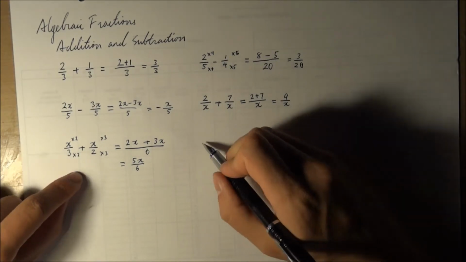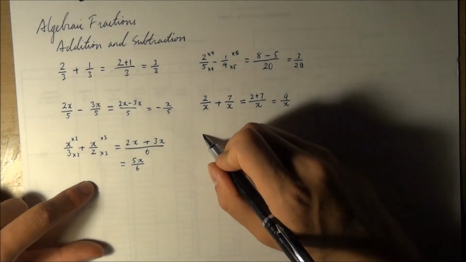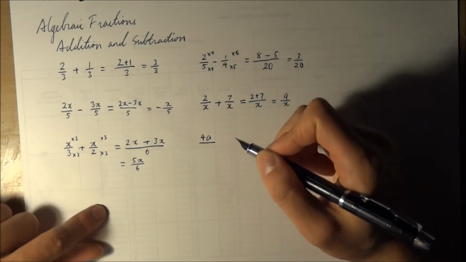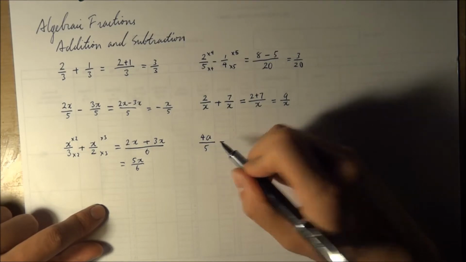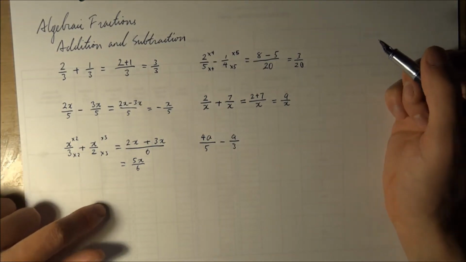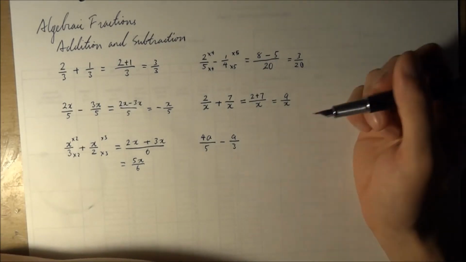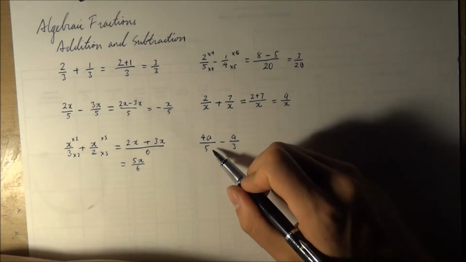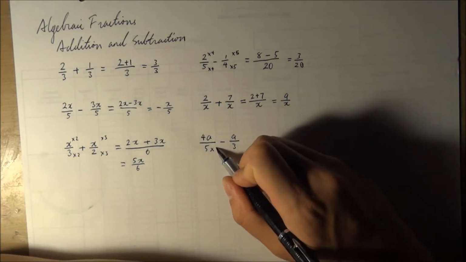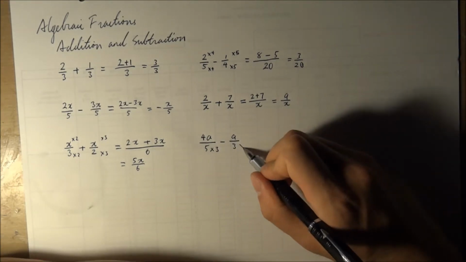So it works the same for subtraction as well. Let's say 4a over 5 minus a over 3. So in this case, we have to find the lowest common multiple of 5 and 3. In this case, it's 15, so we have to make the denominators 15.